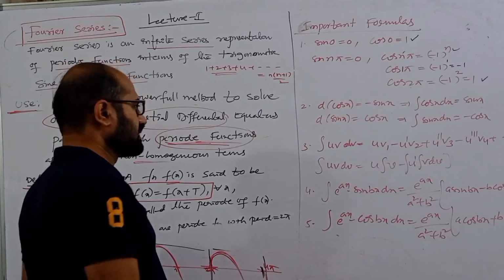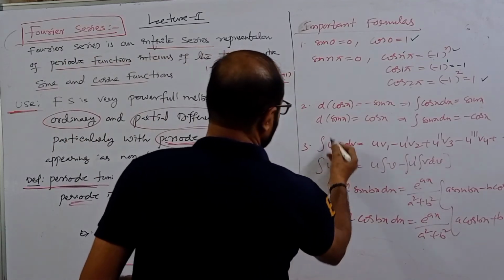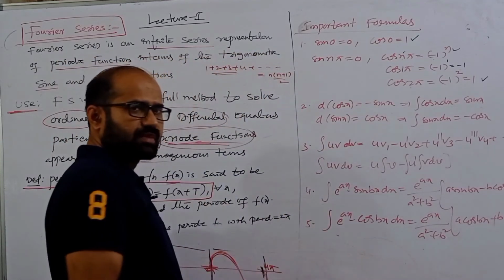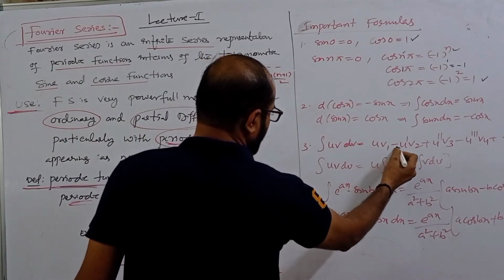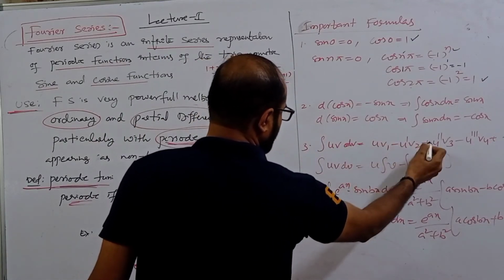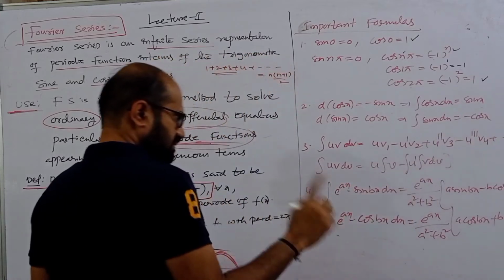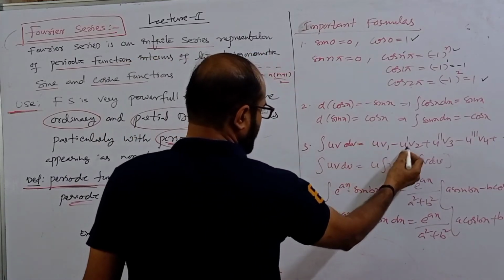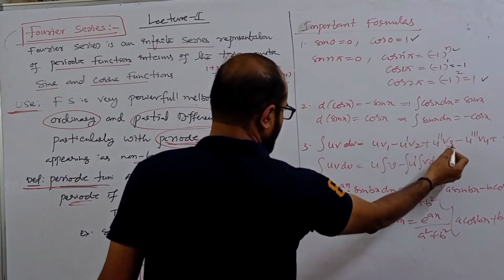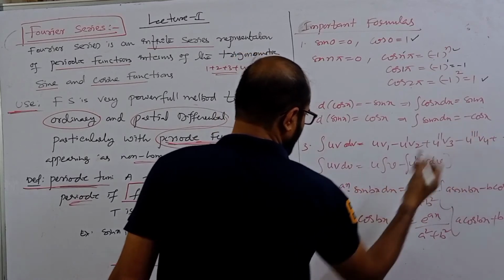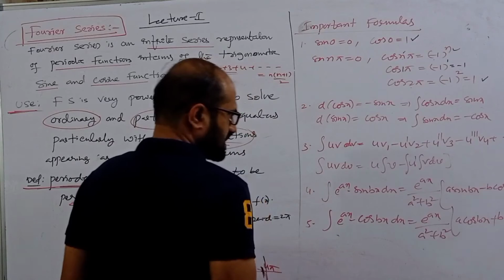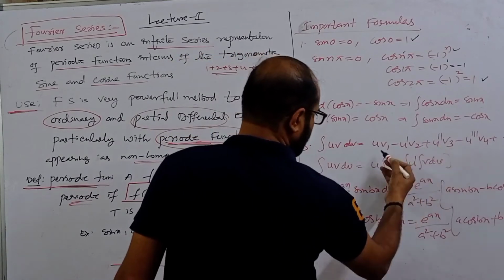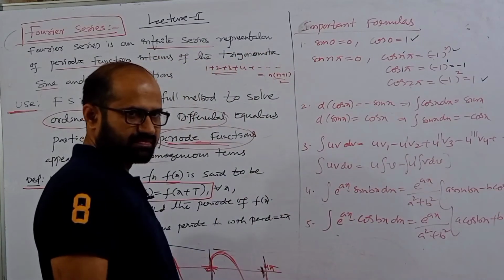And we know the integration formula, integration by parts: integral of u dv equals u v1 minus u dash v2 plus u double dash v3 minus u triple dash v4, with alternating signs plus, minus. Here u dash, u double dash, u triple dash are the differentiations, and v1, v2, v3 are the integrations.